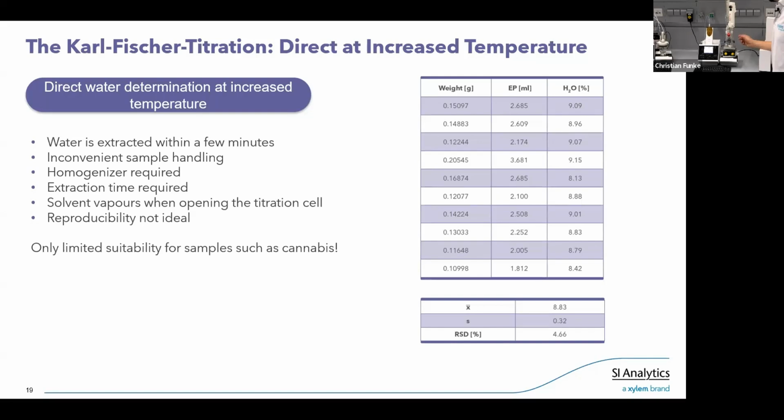Okay, where did I stop? So the problem is here, as I explained, we are in the boiling heat. We have to remove this cap here before we can add the sample. And you can imagine, if you're in the boiling heat, you open it and the solvent can release via the opening here. So you have to let it cool down at the beginning. And it's not easy to get all of the sample into the titration cell.